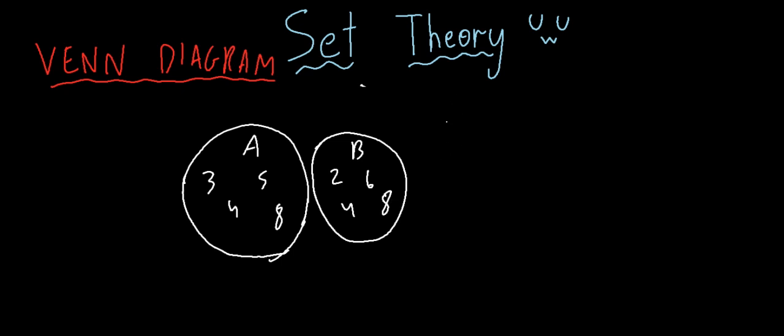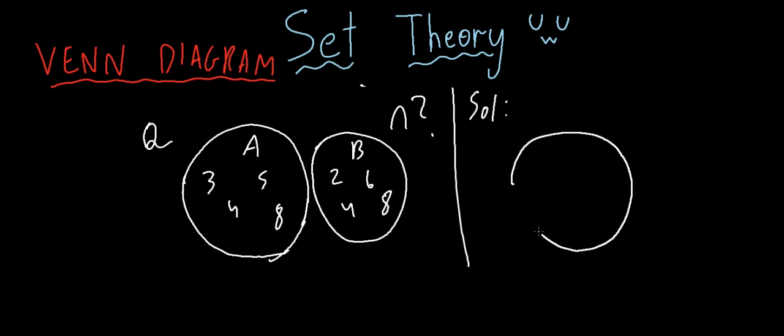Now, the question asks us to find the intersection in these two circles. So, how will we do that? In the solution, we will first have to make another pair of circles, but this time we will join them together.